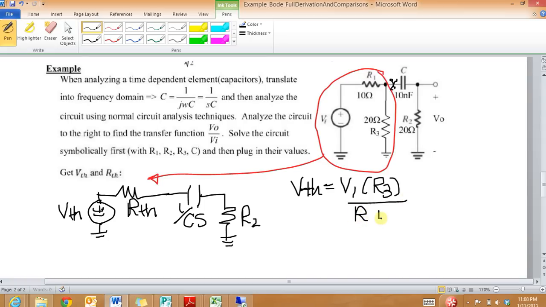And RTH is the equivalent resistance seen at that same X node point, and since it's an independent source, the independent source gets shorted. And so I have R1 splits at that node, so R1 in parallel with R3.